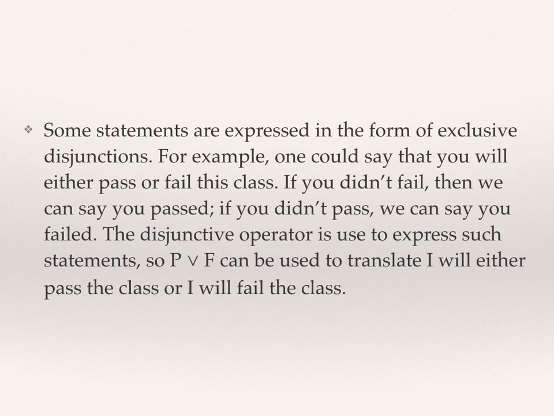And if we end up with a statement that says not F, meaning you did not fail this class, then we can conclude P, that you passed the class. That will be something we will look at later on as one of the argument forms, the disjunctive syllogism form, as we move along in looking at arguments and validity with respect to propositional logic.